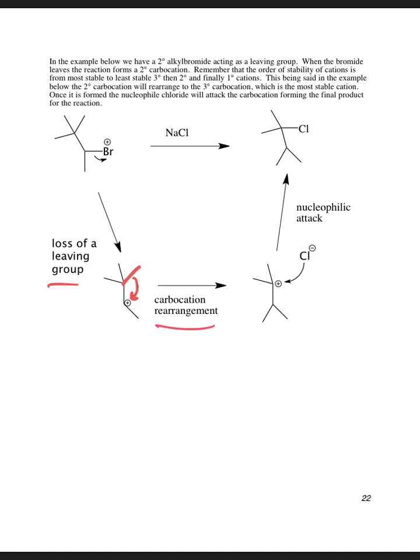So we have a carbocation rearrangement. So we go from 3 methyls on one carbon to 2 and 2 with a positive charge on the carbon that had the 3 methyls. And then the nucleophile can add in the nucleophilic attack to give us this, a compound with a rearranged alkyl skeleton in it.